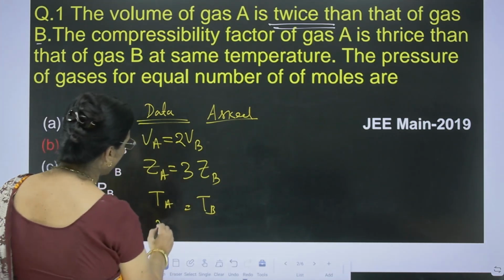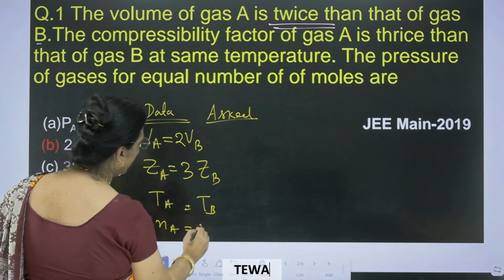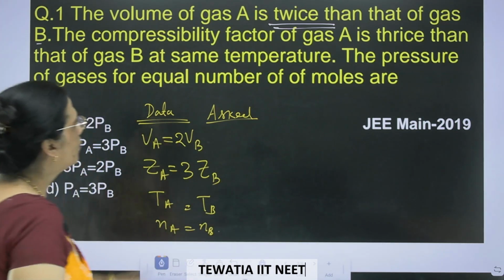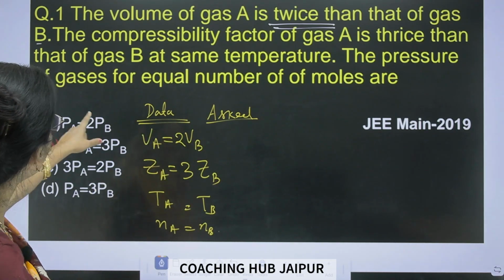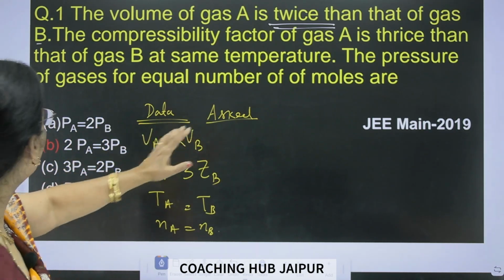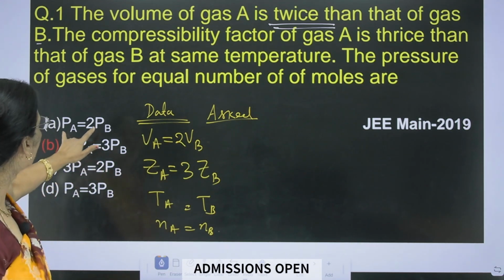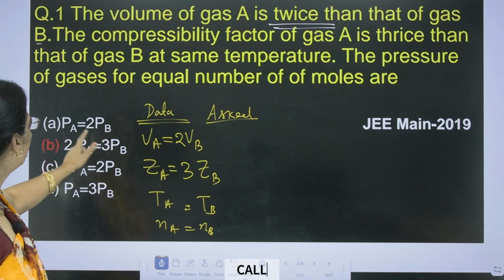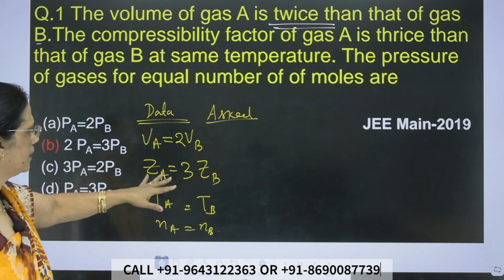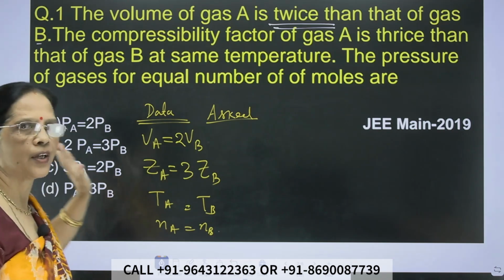Another thing is also given: equal number of moles, nA = nB. Now, what is asked? The pressures of the gases for equal number of moles. That means, what is the relation between pressure A and pressure B? There are 4 options. Now let us calculate the correct option.